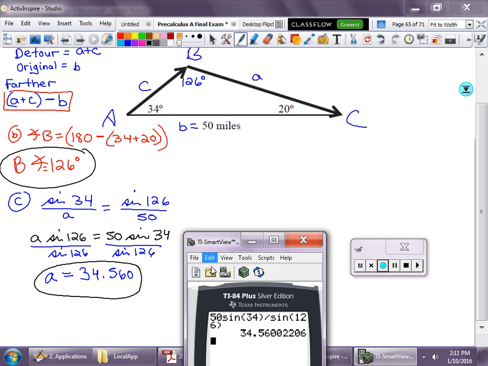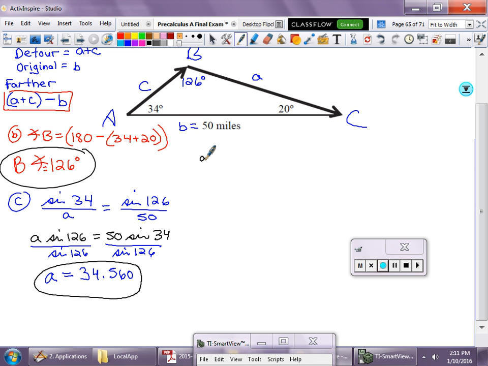Okay, moving on. We need to find side C. Here we go. We have sine of 126 over 50 is going to be equal to the sine of 20 over C. Cross multiply, C sine 126 equals 50 sine 20.